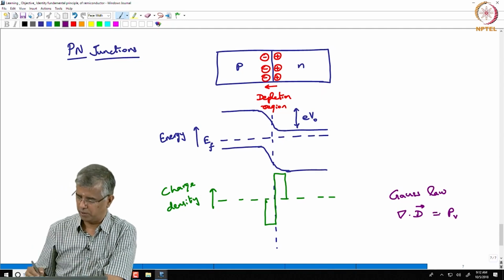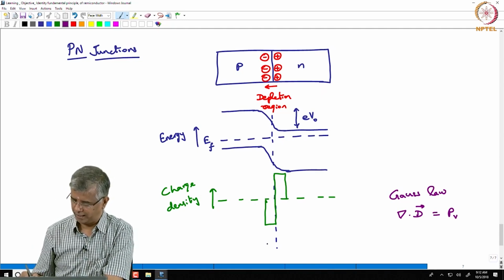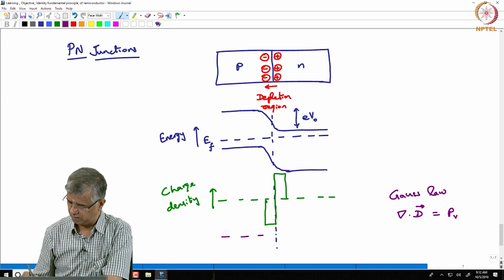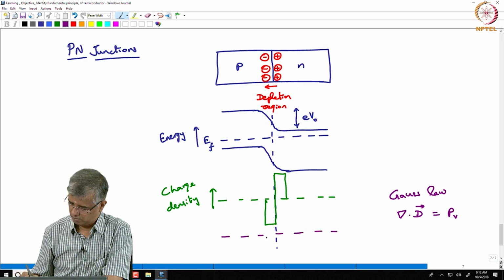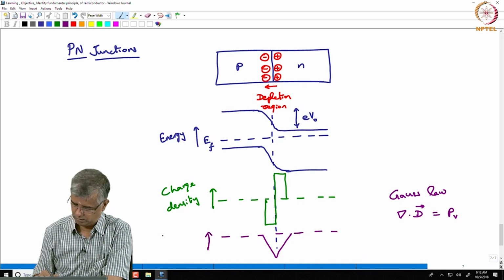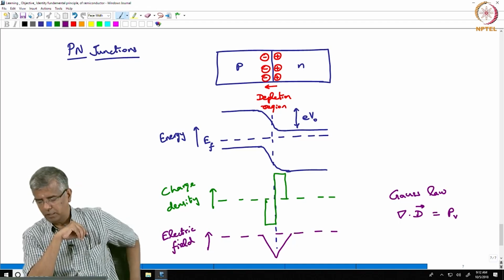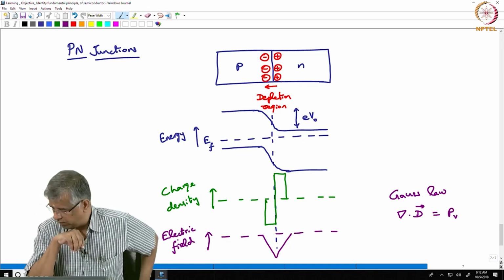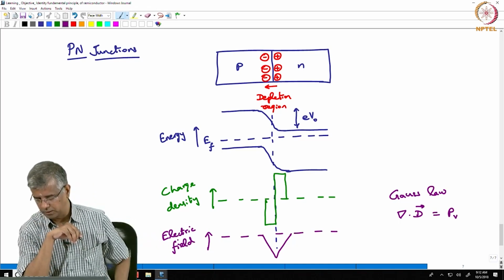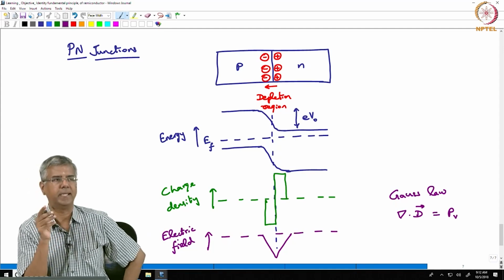So, correspondingly, if you look at the electric field across this region, you have an electric field that goes like this. So, this is in terms of the electric field, and this electric field, which corresponds to this built-in potential, acts like a gate.